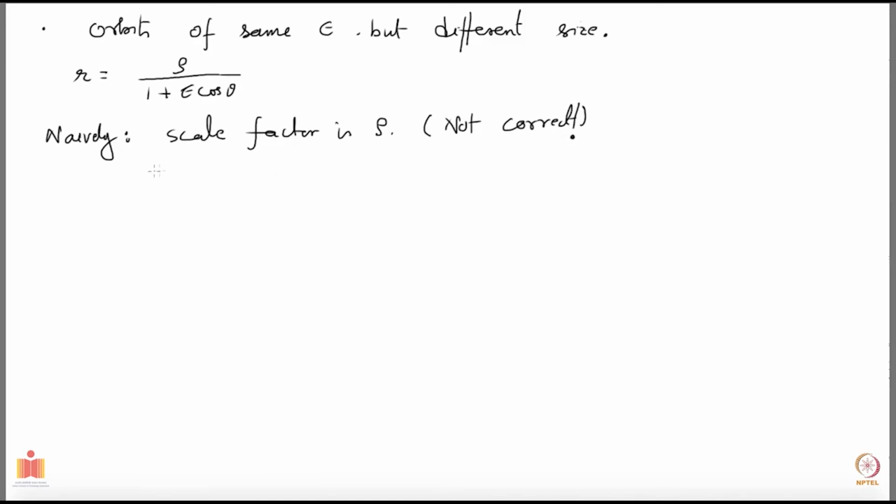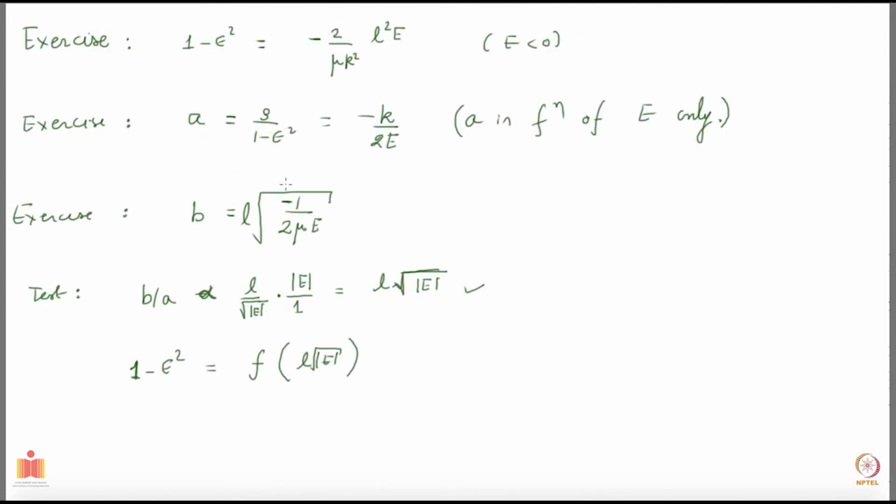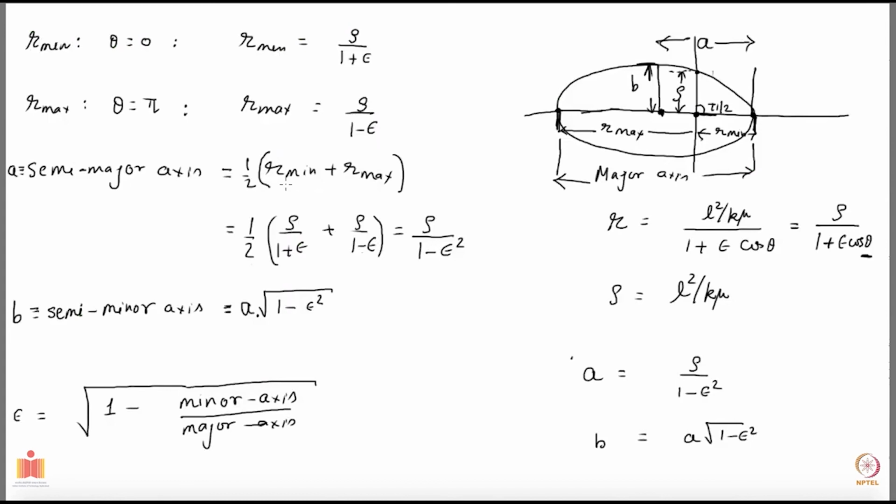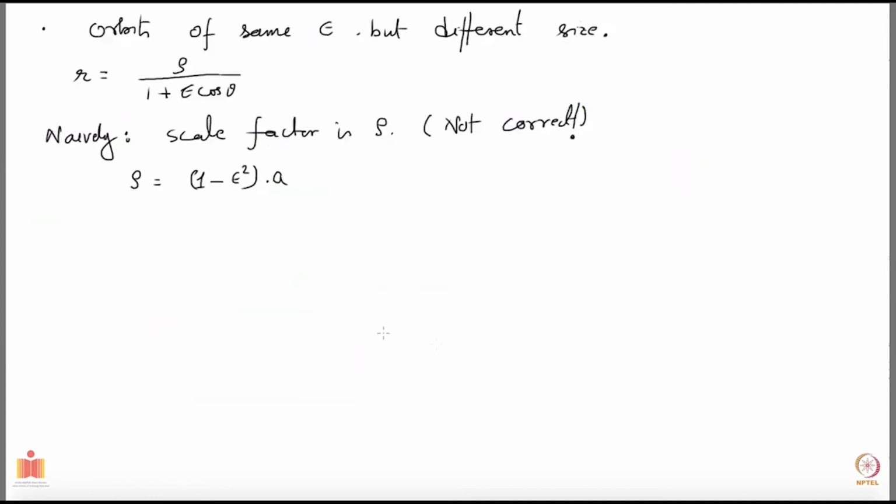And so I should recall that my rho is 1 minus epsilon square times the semi-major axis. Let's go back and check whether we have encountered this before. Yes, indeed. So your rho here is 1 minus epsilon square times a. I should substitute that here. Now you see, I have pulled out of rho a factor which does not change when you scale up the ellipse, because the epsilon is not going to change, right?